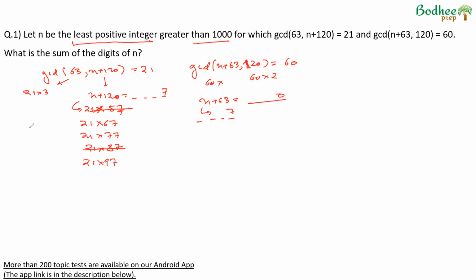Suppose we take the value of n plus 120 as 21 into 67. 67 into 20 will be 1340, plus 21 into 7.